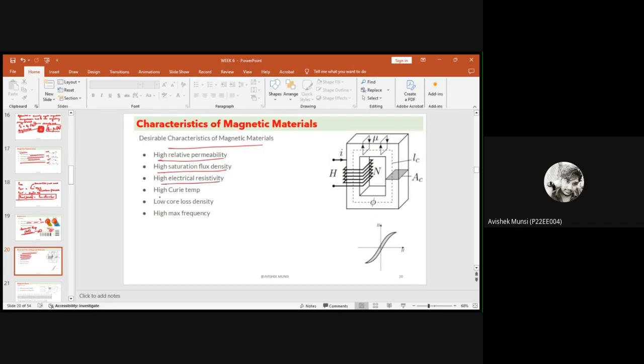High electrical resistivity, high Curie temperature, low core loss density, and high maximum frequency. So it should have a very high maximum frequency, low core loss, and high relative permeability, saturation flux density, electrical resistivity, and all. These are the desirable characteristics required for a magnetic material for choosing or designing the inductor.